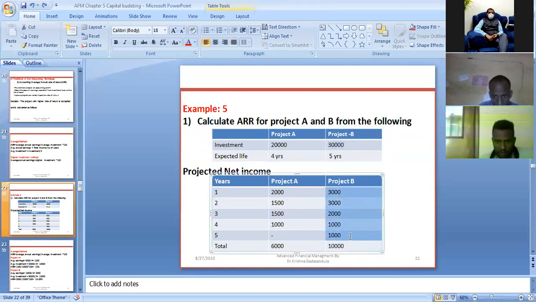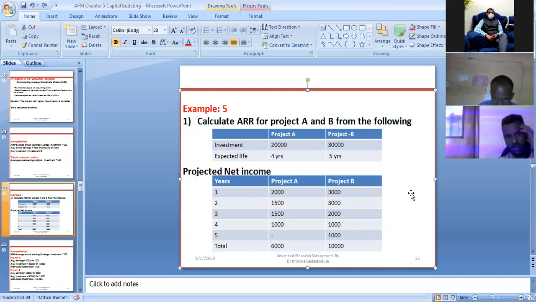These are the incomes expected. Total for project A is 6,000, and for project B it is 10,000. These are the expected projected incomes.